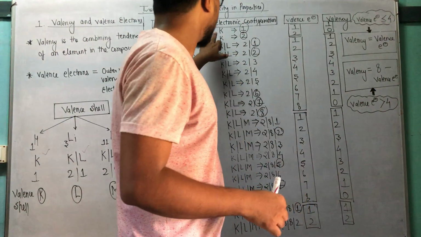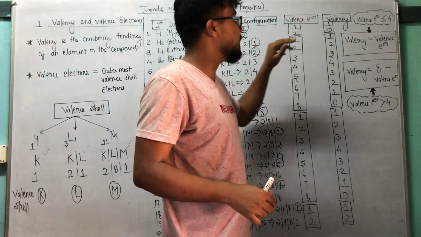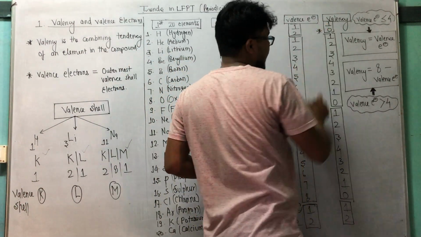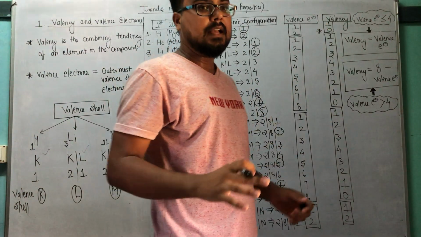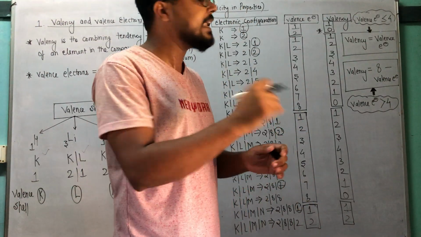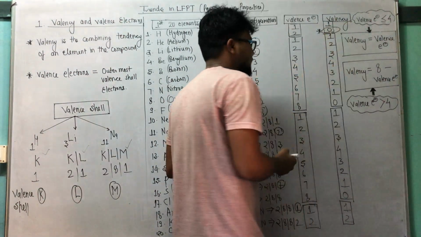See, for hydrogen the valence electron is 1, so valency will be 1. For helium it is an exception, because noble gases can't combine to form compounds because of their inert nature. So only one exception we will use, rest it's okay.